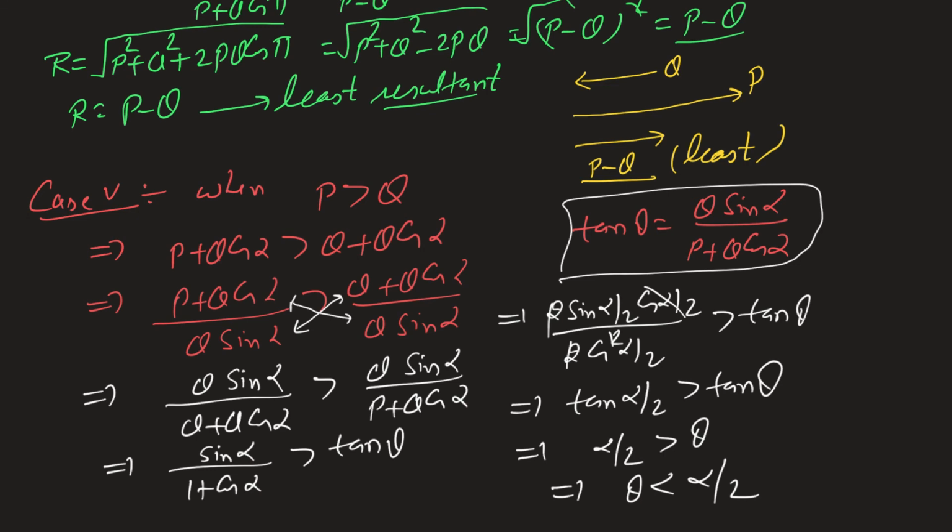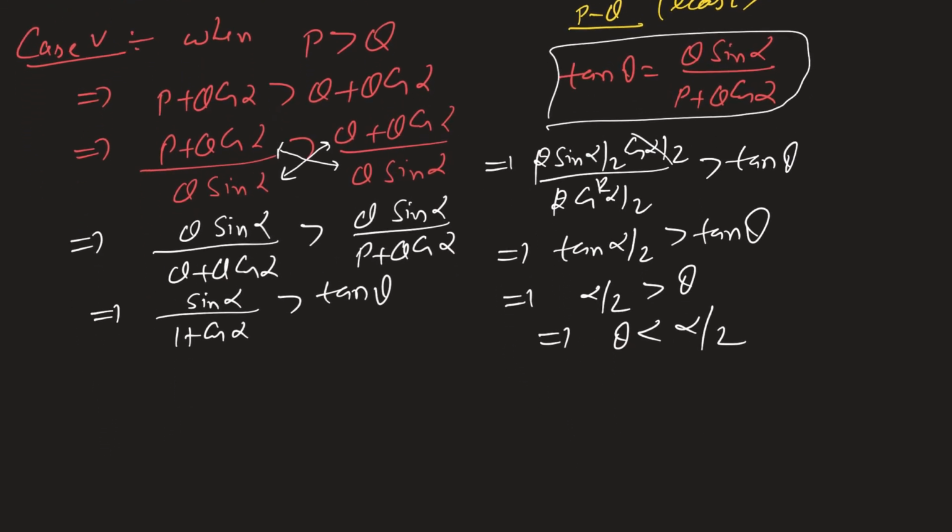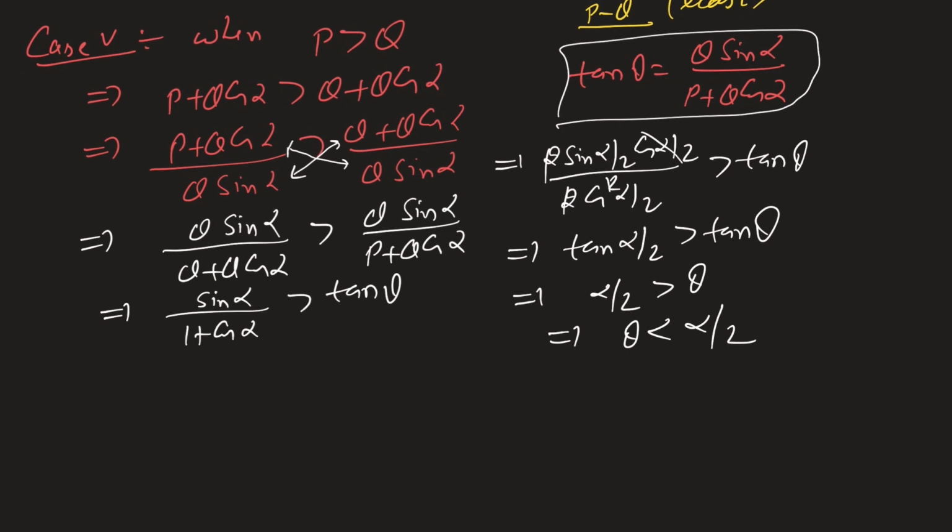Now I am going to interpret this. P is greater, and Q is smaller than P, like this much only. So in that case I am going to complete the parallelogram.